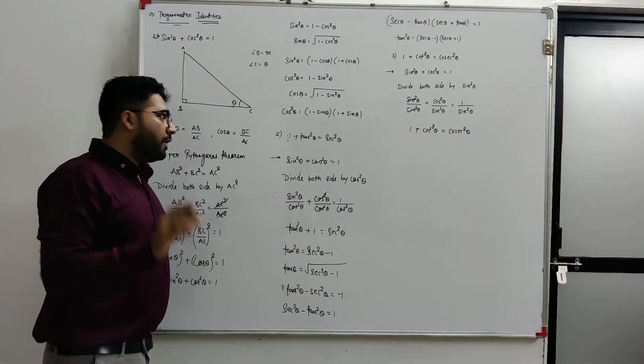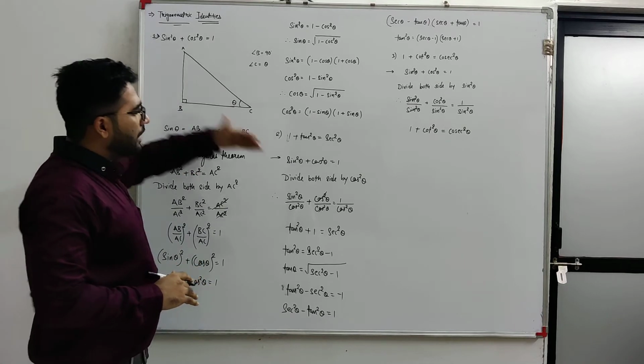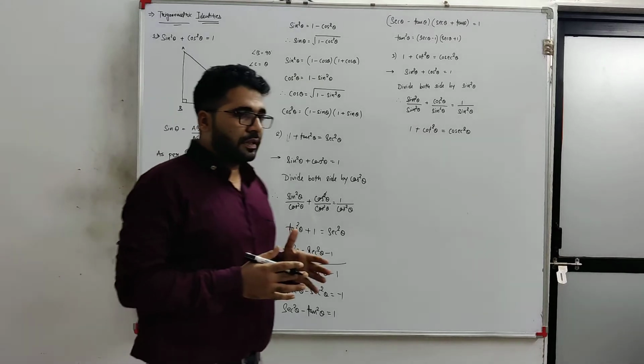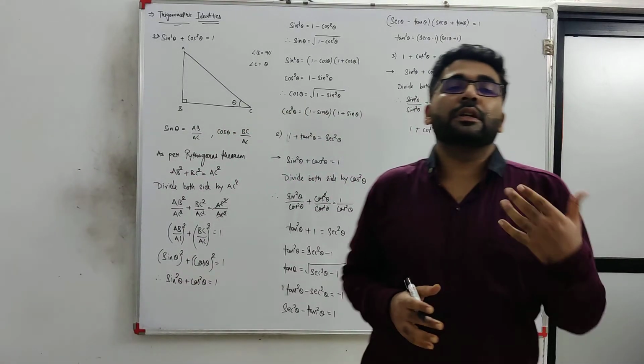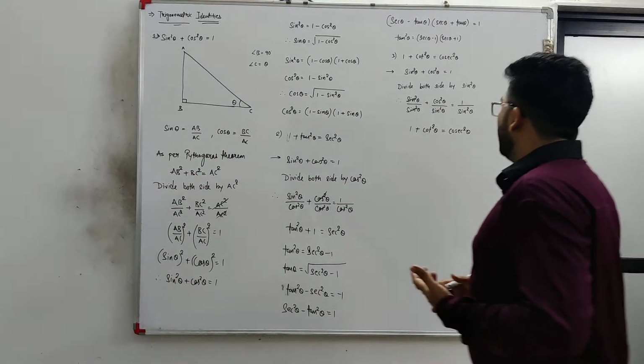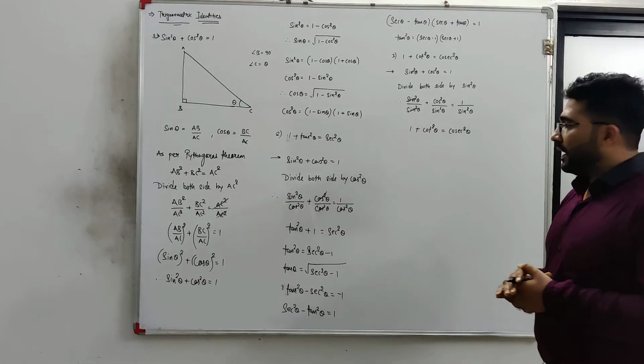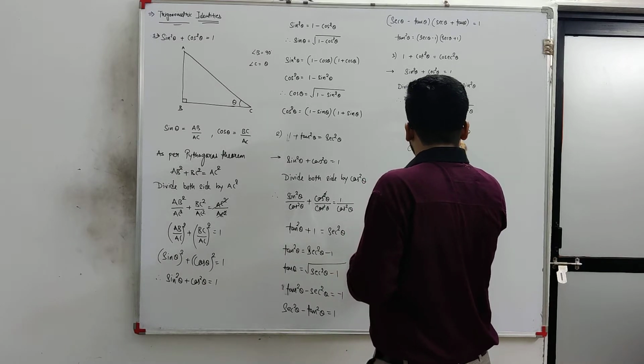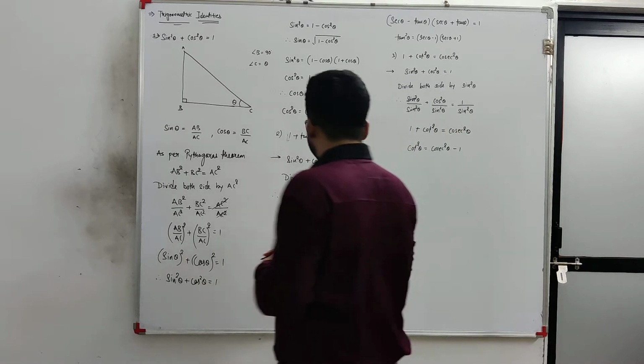So you should remember only one identity and you can convert it into the other two identities. You just need to remember how the tan form and the cot form come. Now next, I can modify this identity also, like cot square theta is equal to what? Cosec square theta minus 1.